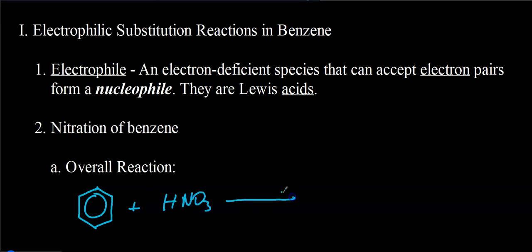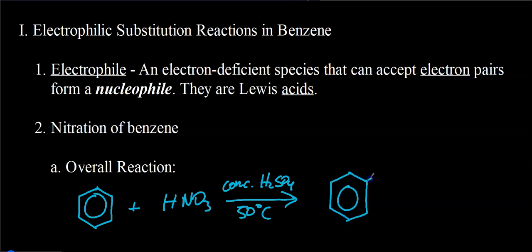We have nitric acid. This reaction is catalyzed by concentrated sulfuric acid. And we also have to carry this out at 50 degrees Celsius. And then our product is our substituted benzene. This time we have nitrobenzene that's produced along with water.